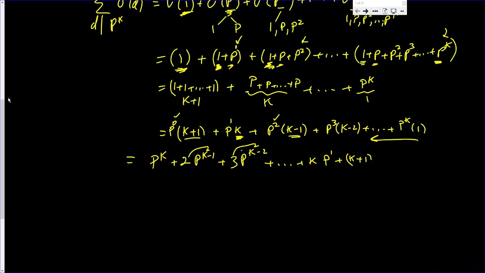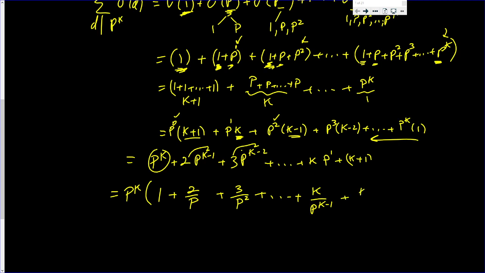So I'll factor out a p to the k, and we get 1 plus 2 over p plus 3 over p squared, all the way down to k over p to the k minus 1, plus k plus 1 over p to the k.